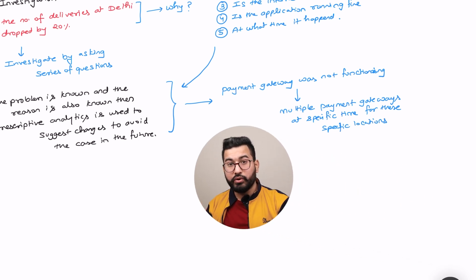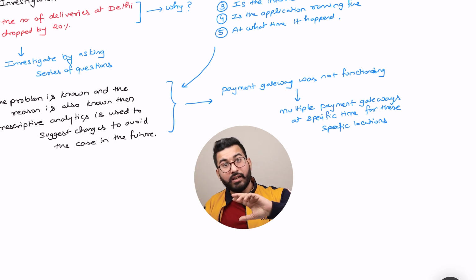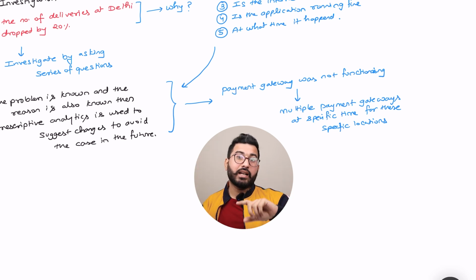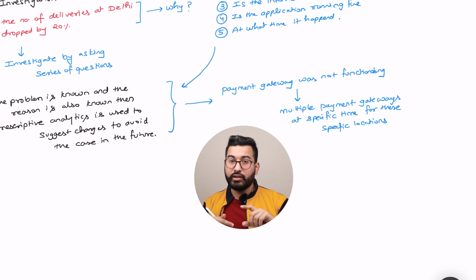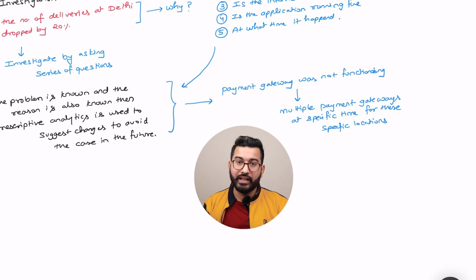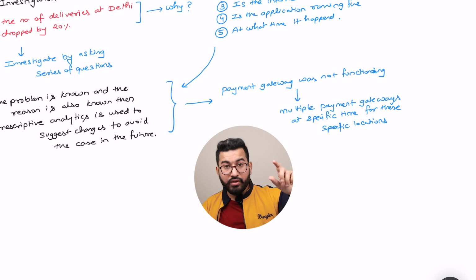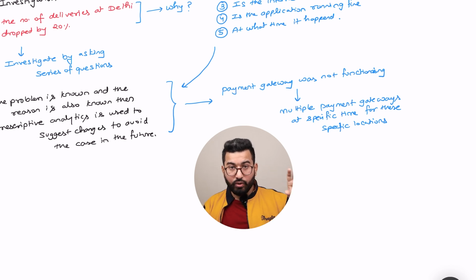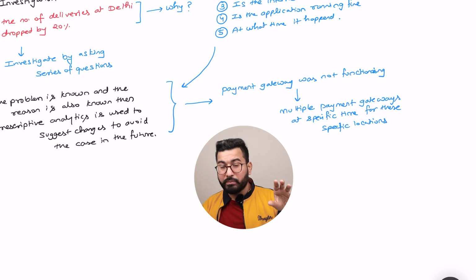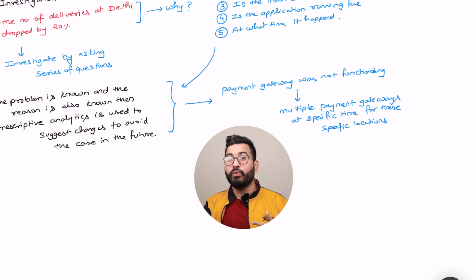So now what you will do, you will make sure that for these specific locations where the order number was high, but Zomato was not able to accept these orders because of the failure of the payment gateway, they will allot an additional payment gateway to these locations, so that at these particular times the order can be fulfilled and the order can be accepted fast, right? So this is what prescriptive is. We are trying to prescribe measures to avoid it, right?